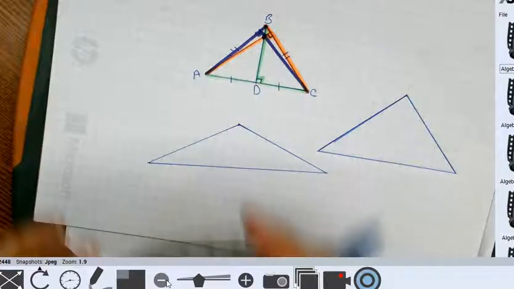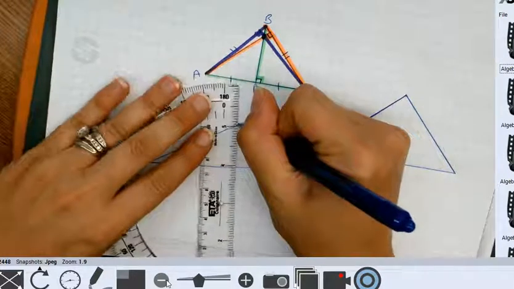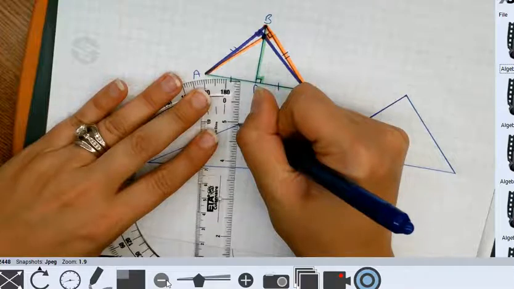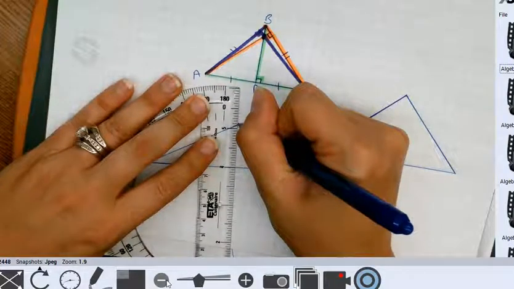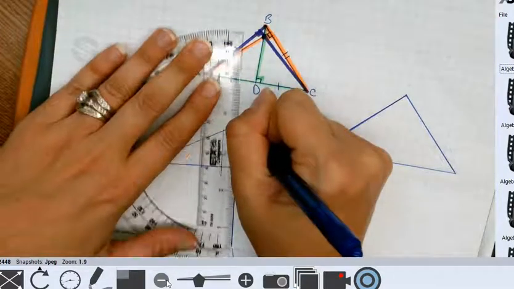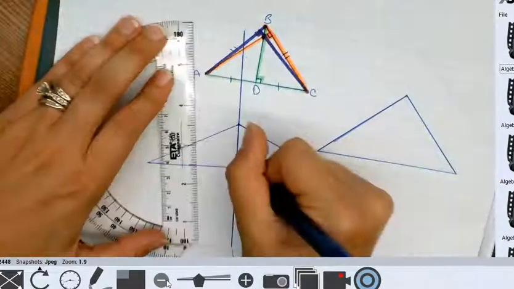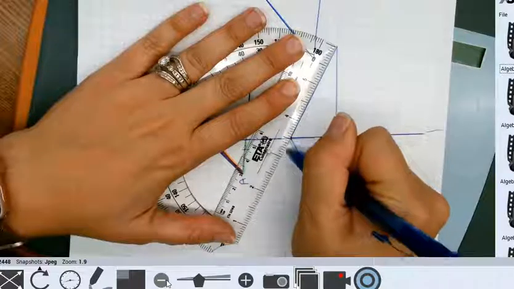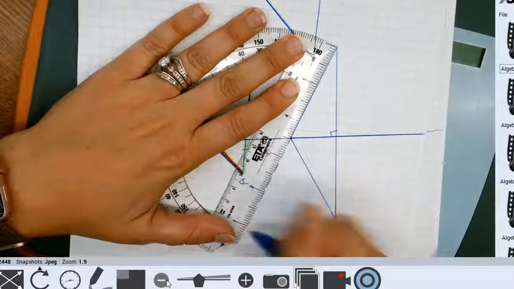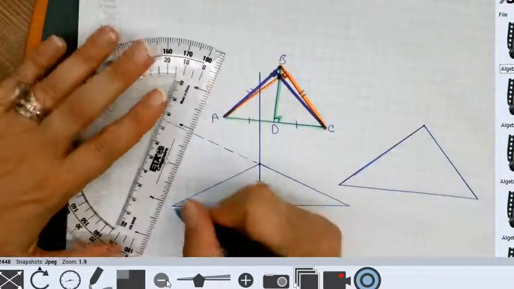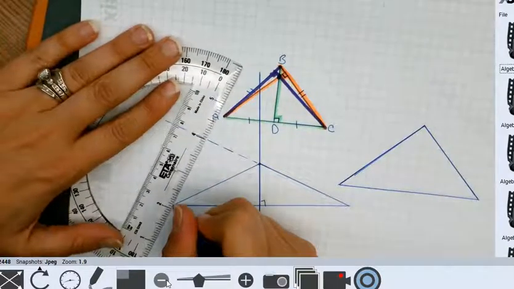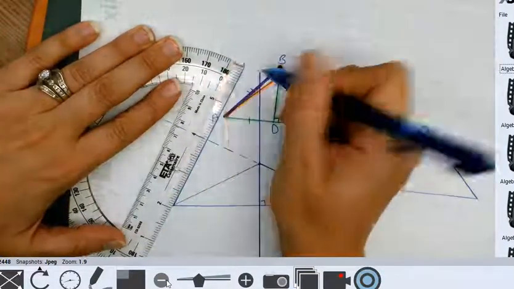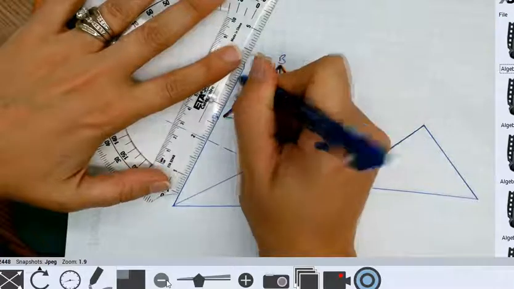Let's drop these altitudes, these heights. So here's one. We have to extend this guy out. Dropping from here. Oops. Wow, this thing's going to be huge.